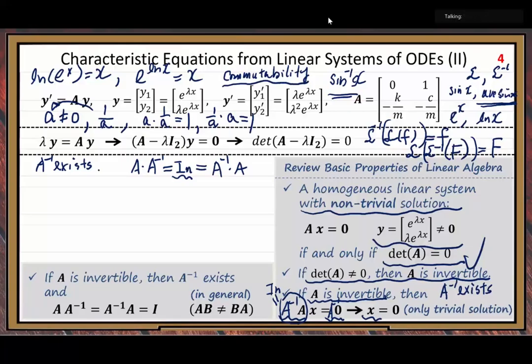In our scalar algebra experience, the product of two numbers is always commutable.